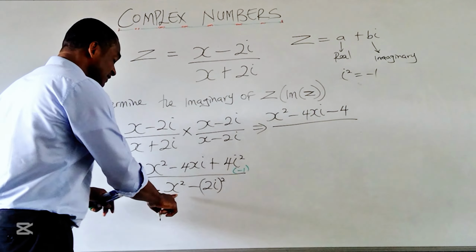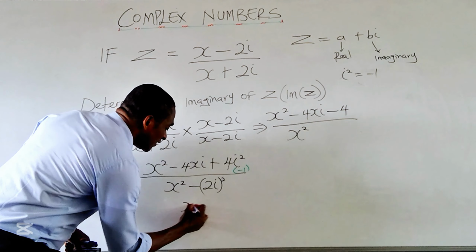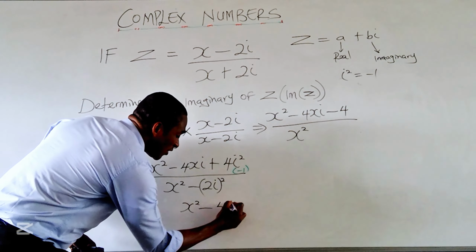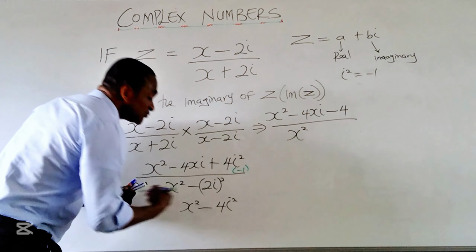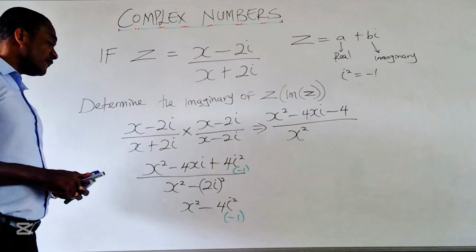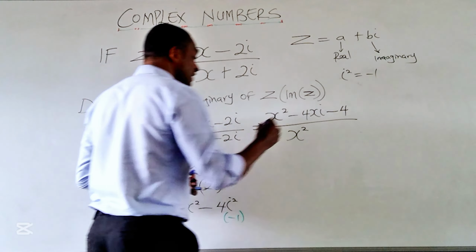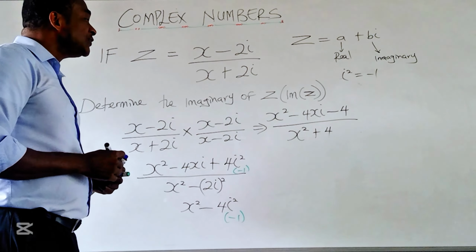Divided by the same here, we have x squared minus 4i squared. When i squared is replaced with negative 1, then we have negative 4 times negative 1, so that gives us x squared plus 4.